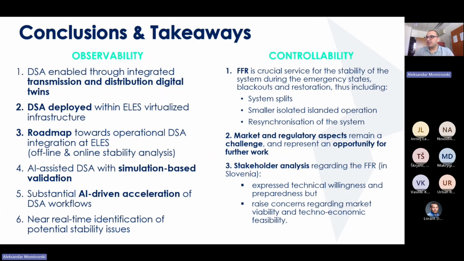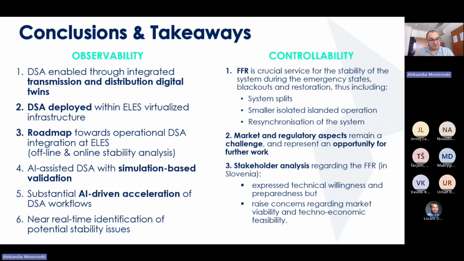The DSA was deployed within ELES, the Slovenian TSO's virtualized infrastructure, and the DSA, which is part of the observability perspective of this demo, created a roadmap toward operational DSA integration in the real system at ELES, for offline and online stability.